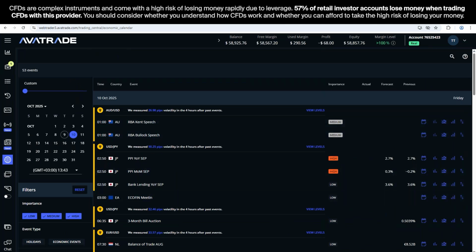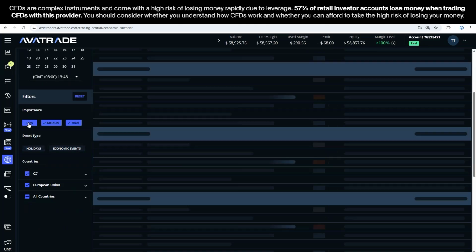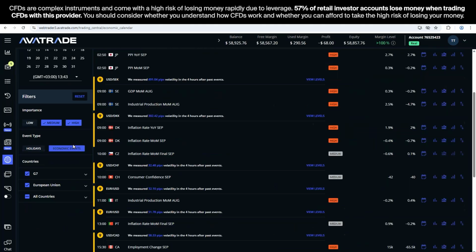That's the importance they are deemed to have on the markets, on the movements of the currency pairings. And I tend to leave the low level off, but like was already said, the medium ones sometimes will cause big movements. So I'll leave the medium and the high ones on as I'm looking at what's coming up.